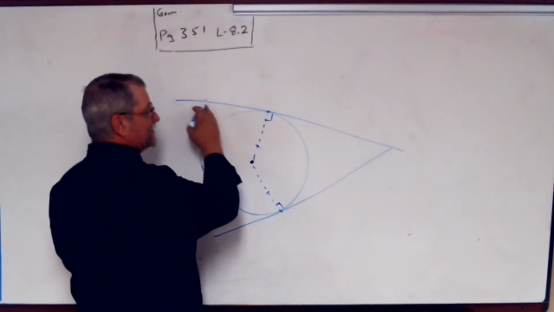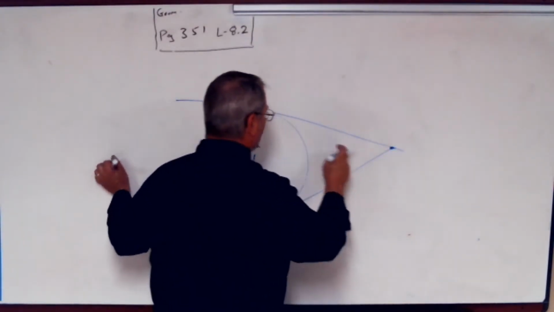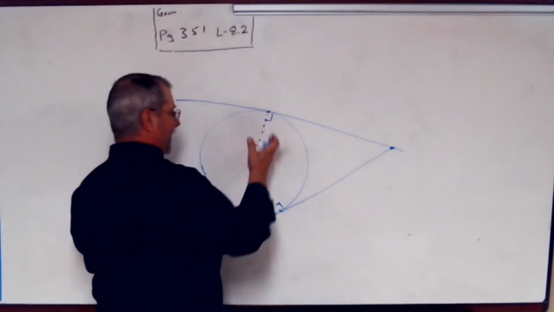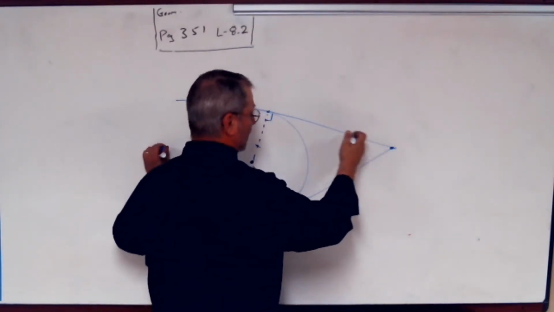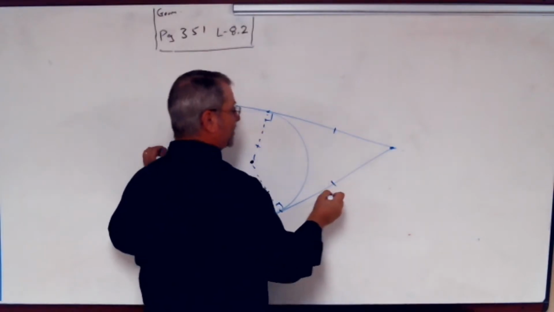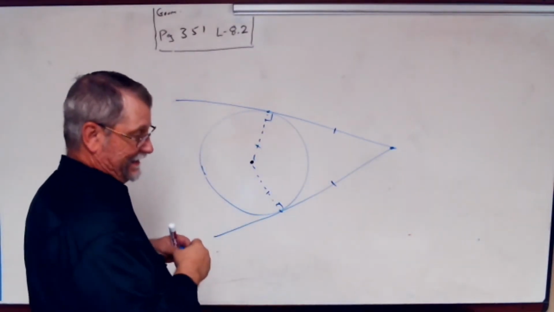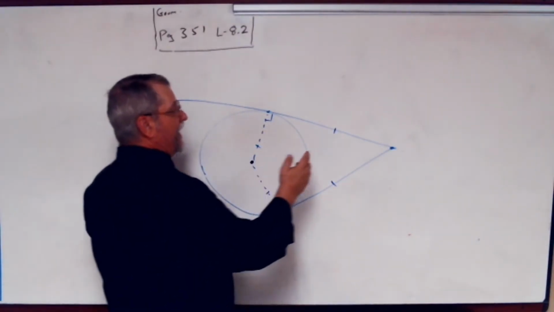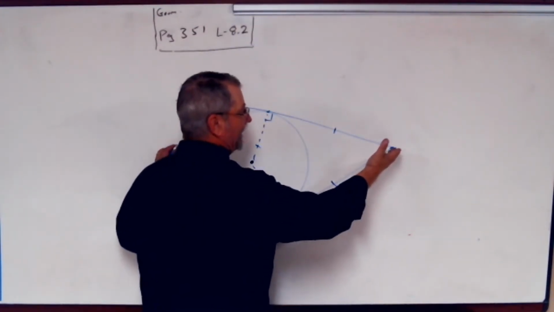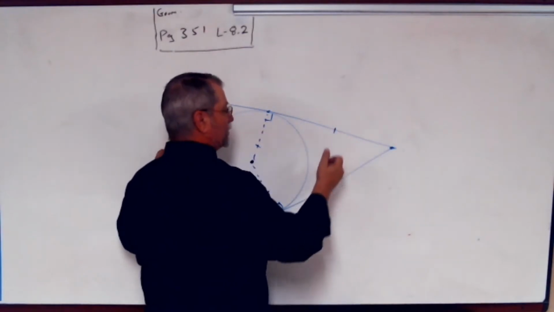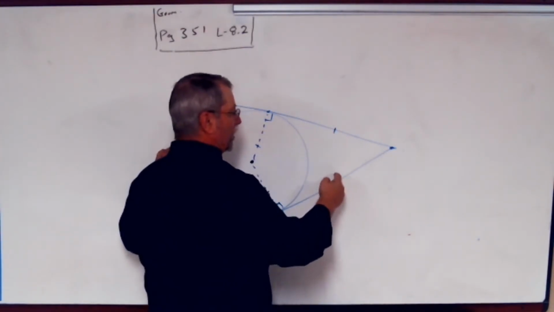If I have these two lines, both tangent to the circle, and they cross, they're concurrent right here, this and this are equal distances. Okay, so if I have two lines that are tangent to a circle and they intersect, the two segments formed are congruent.